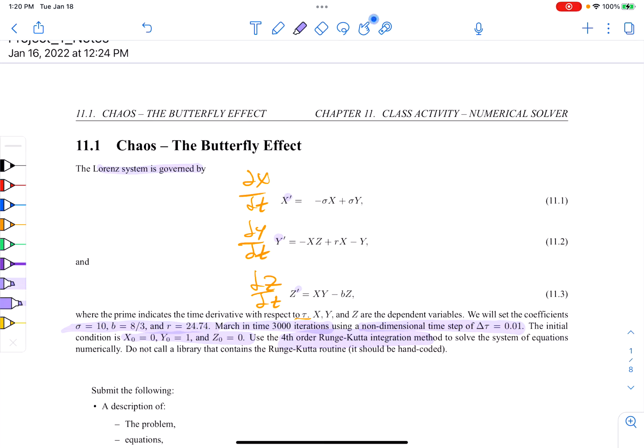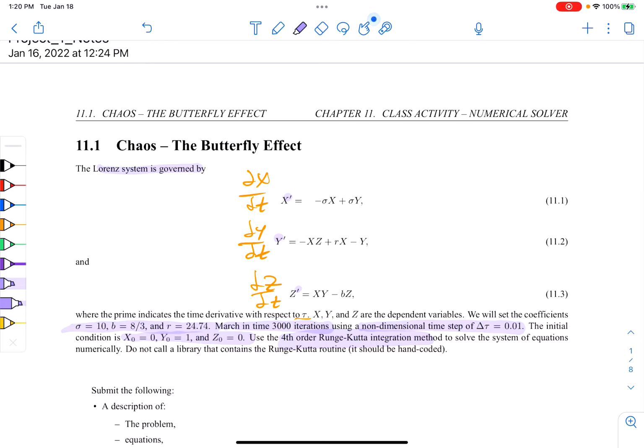X0, Y1, Z0, 0. The solution you should get should be exactly the one, or very close to it, as Lorenz's paper. In fact, when you look at your temporal solution, you can say at long time periods, even though I'm solving the same equations using a method which is roughly the same order, but a different integration scheme, will I have the same answer?